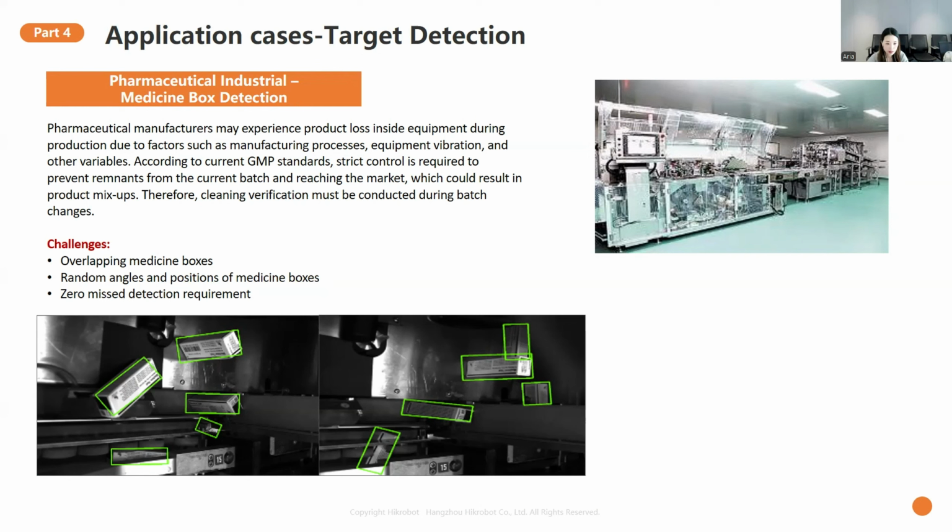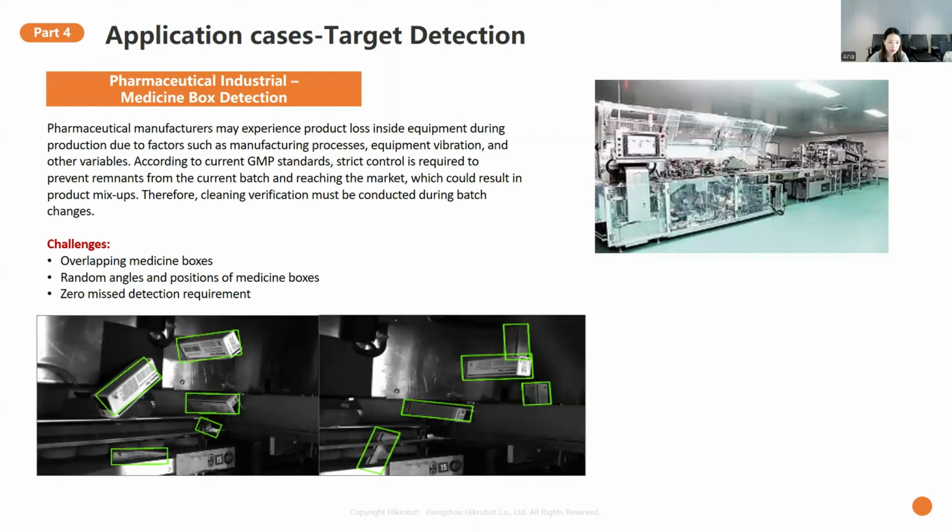So in this case, we used the target detection algorithm to recognize the type of medical boxes and to count the quantities of medical boxes. There are also some challenges, for example, the overlapping between medical boxes and the random degree and positions of the medical boxes on the conveyor.